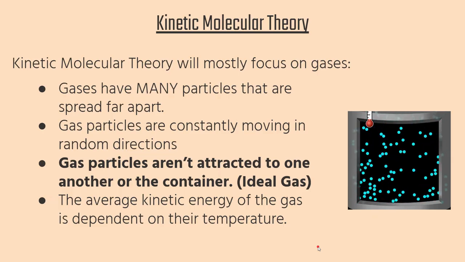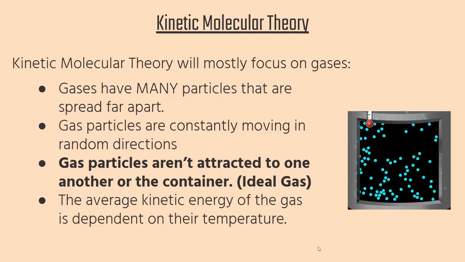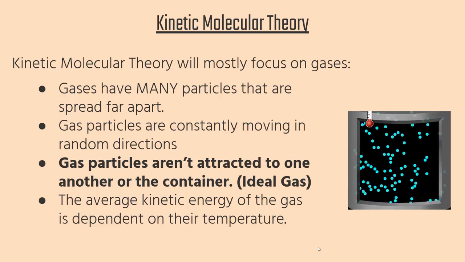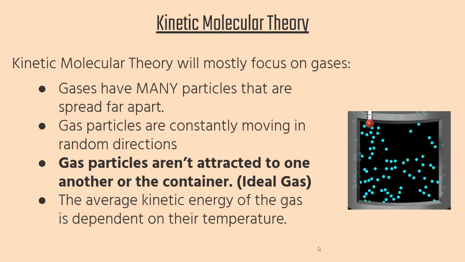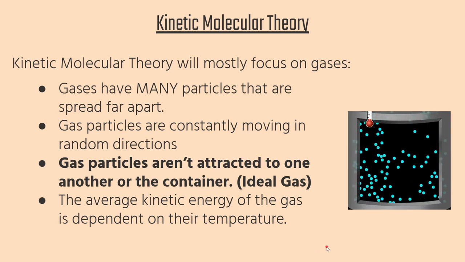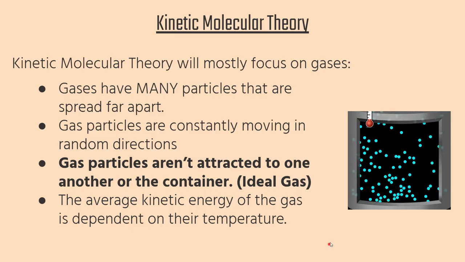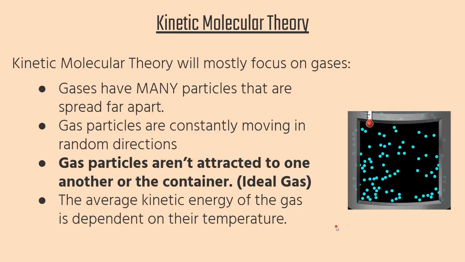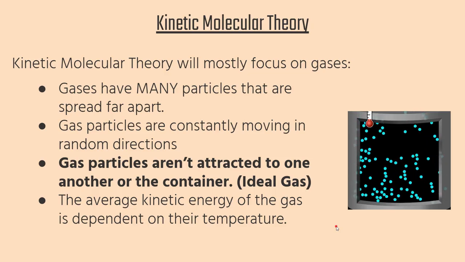So as mentioned, we're going to focus on gases, and a few of the pieces of kinetic molecular theory that we're going to assume is that gases have many, many particles that are very spread apart. We'll talk about amounts of particles later on. We'll assume that the gas particles are constantly moving in basically random directions.